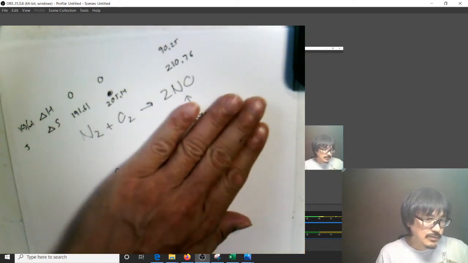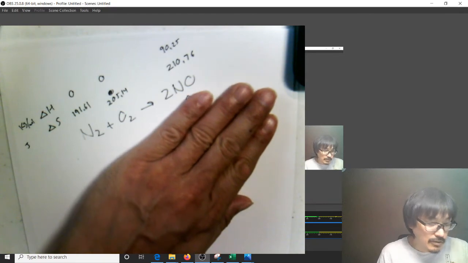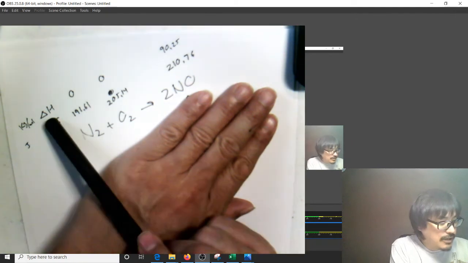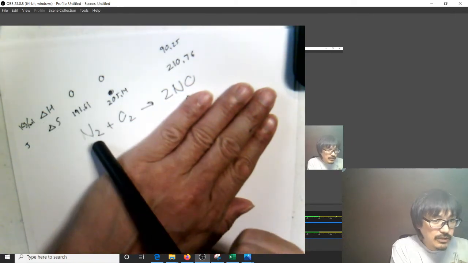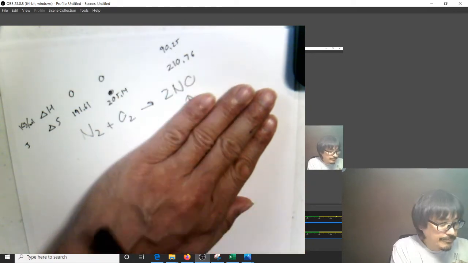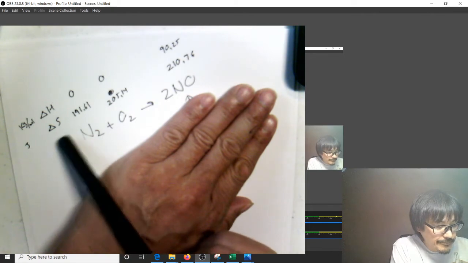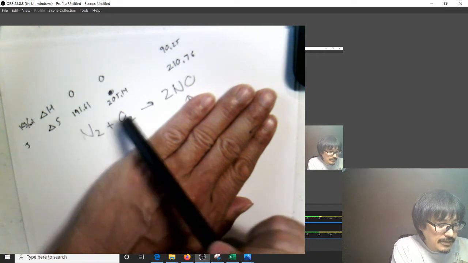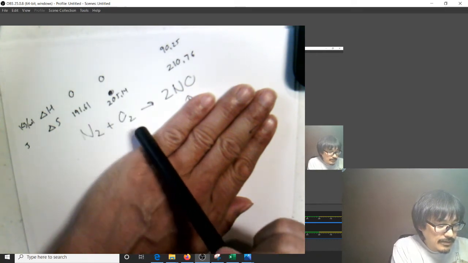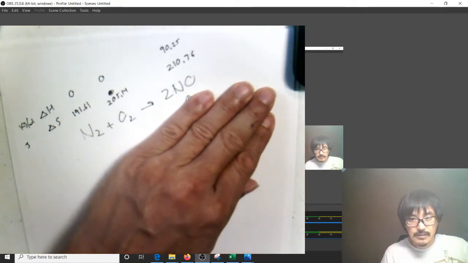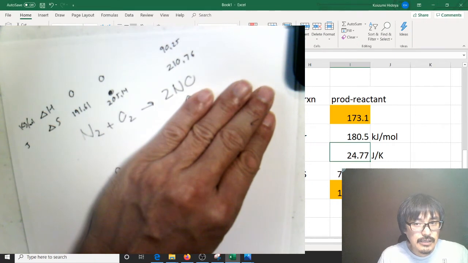Remember that I don't have this one right here, just because the table may be blocked in the exam, but I do get the delta H values, the delta H of formation for nitrogen, oxygen, and then the NO, and then the delta S values: for nitrogen it's that, for O2 it's given there, and the entropy value of NO is given by that. So by plugging in these, you can actually get the same information.